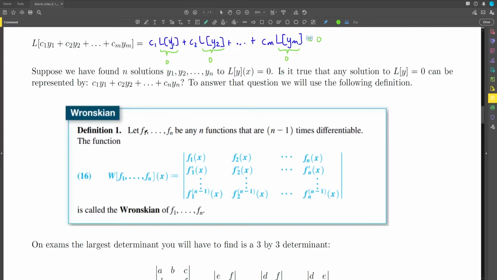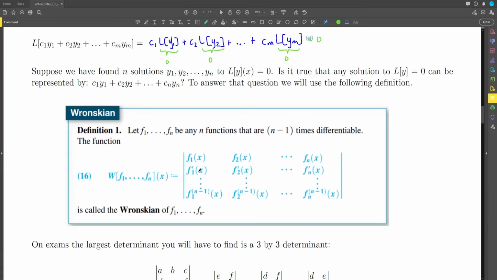So if f1 through fn are n functions that are each n minus 1 times differentiable, then the Wronskian of f1 through fn of x is given by the determinant, where the first row is f1 of x, f2 of x, up to fn of x.